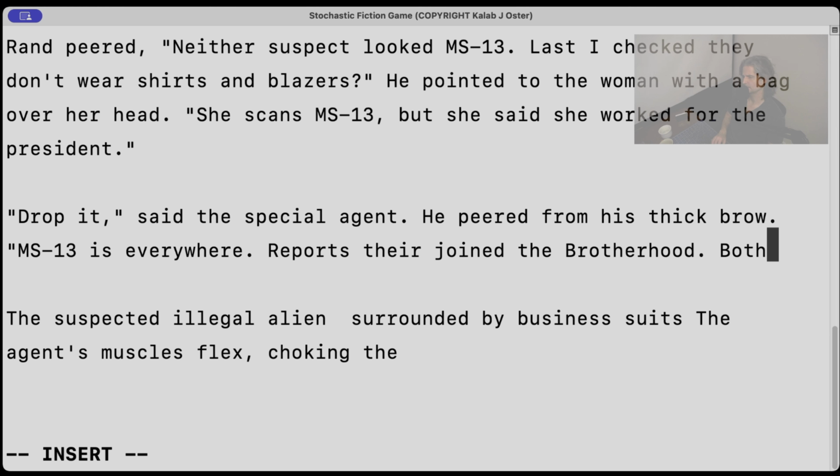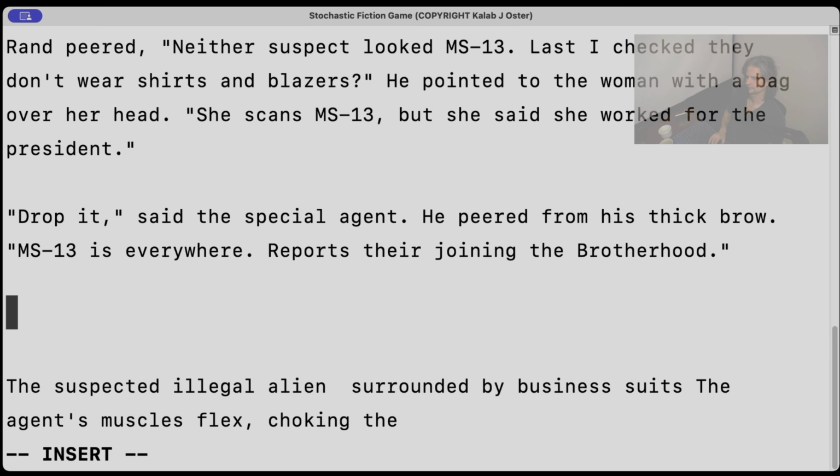MS-13 is everywhere, of course. Huh? He's new.